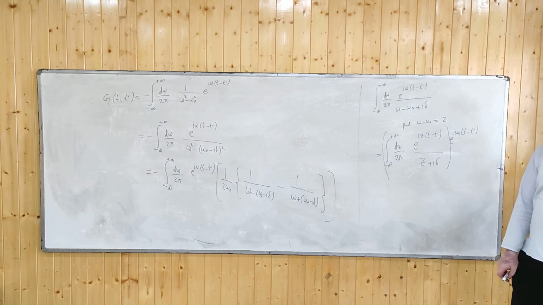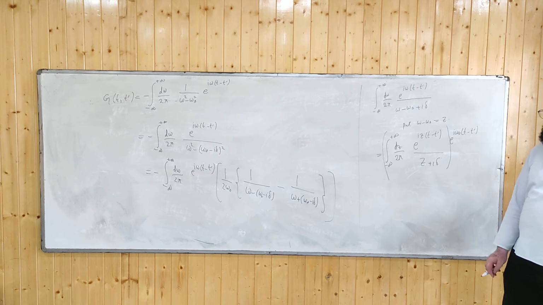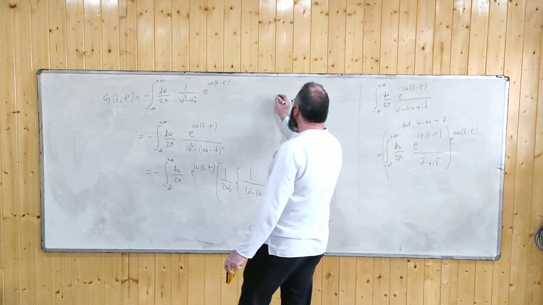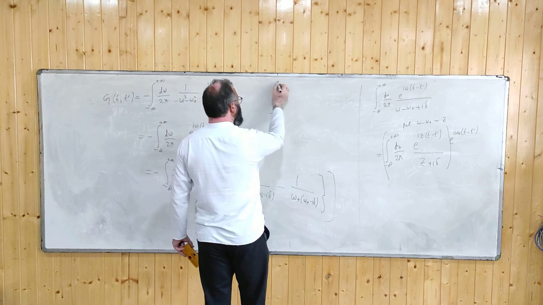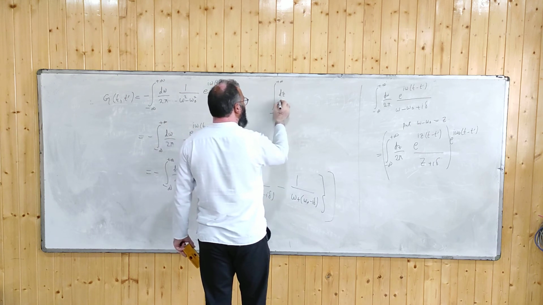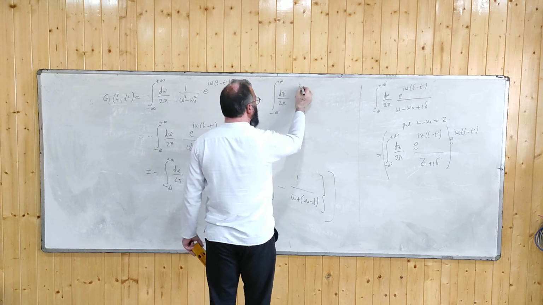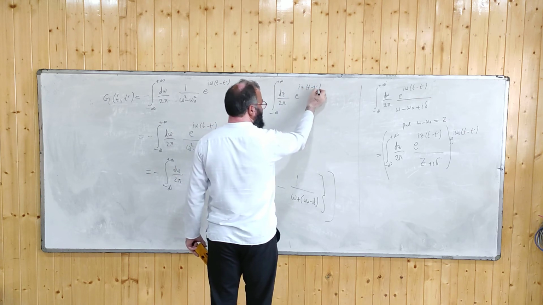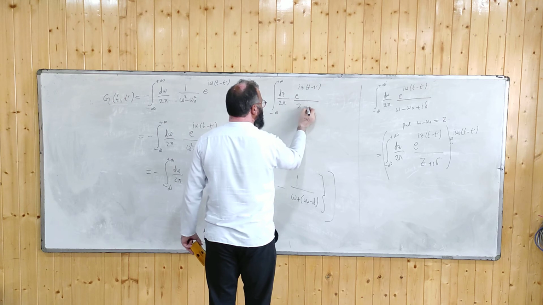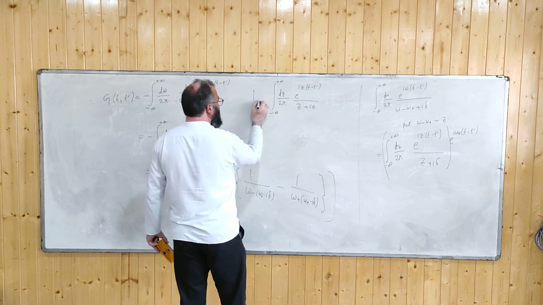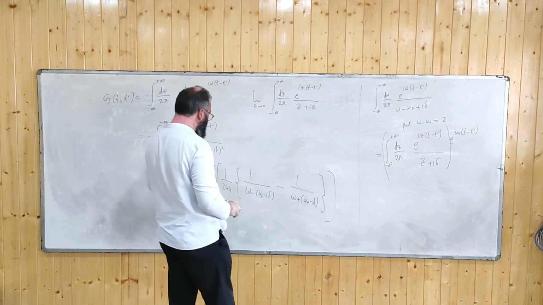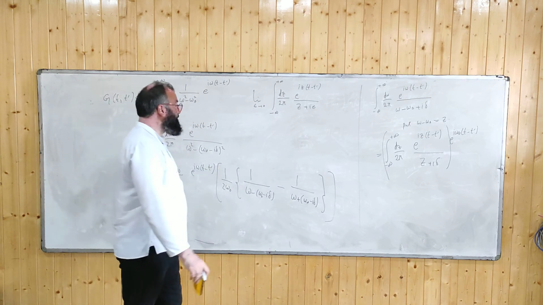Can you tell me what this integral is equal to? This is a standard integral; it is equal to a certain function. So we have the integral from minus infinity to plus infinity dz by 2 pi, e raised to the power i z (t minus t prime), divided by z plus i epsilon, in the limit of epsilon tends to 0, because this delta we can put equal to 0.